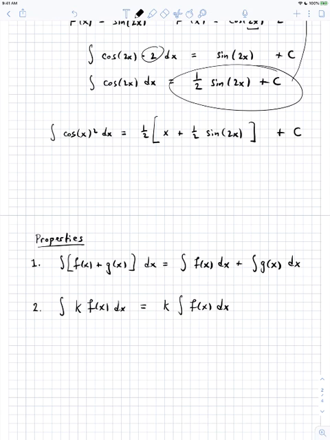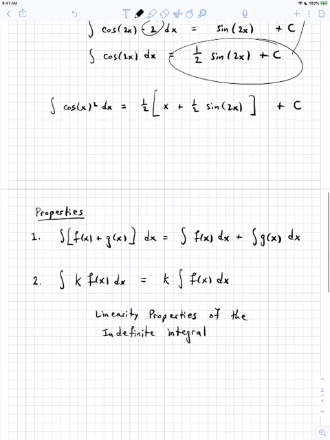So here we have the linearity properties of the indefinite integral. We saw these for antiderivatives and we saw them for definite integrals. And this is why they both had those properties, because they're related through the indefinite integral.